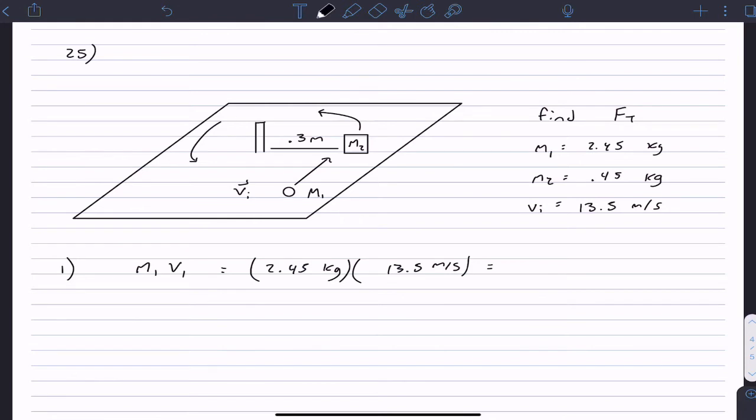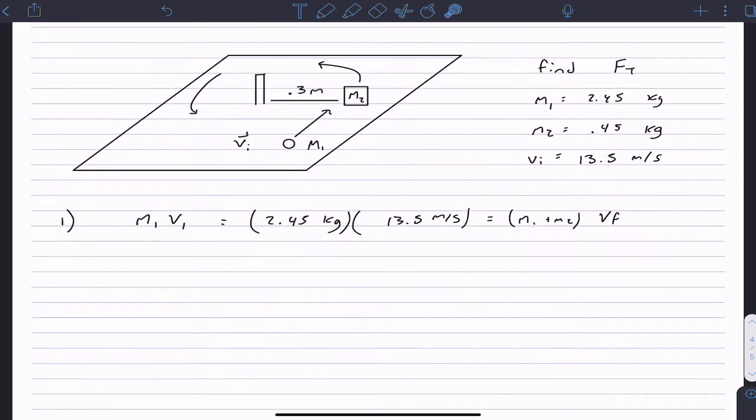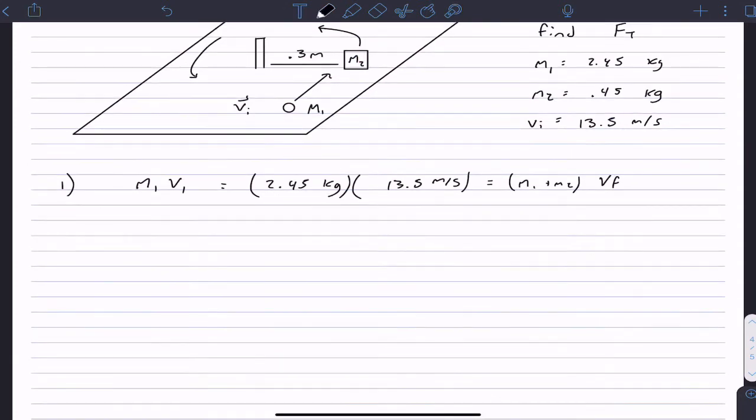So that's going to be the total mass, m1 plus m2, which are given, times the final velocity. The initial velocity of the block is 0. The ball flies in here, sticks together, and then goes. So vf is equal to 2.45 times 13.5, in kilogram meters per second because we're in momentum, divided by kilograms.